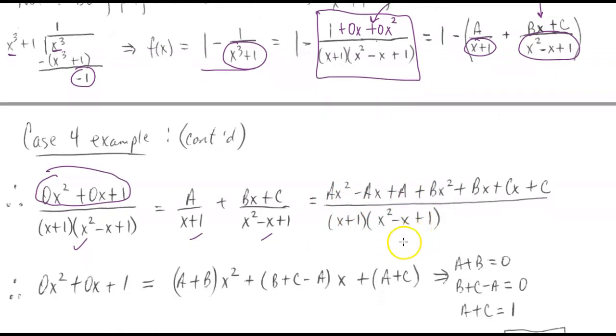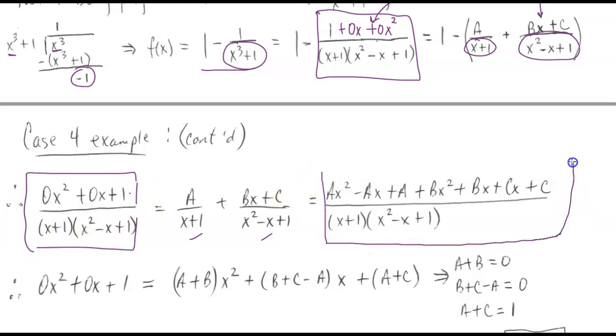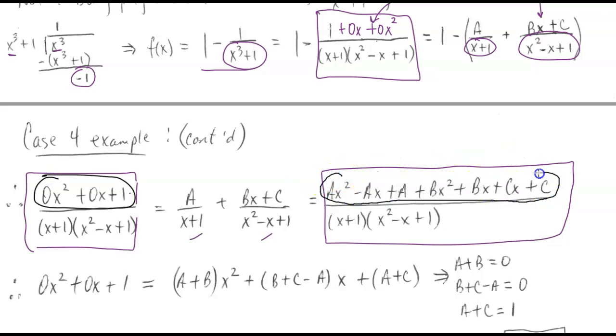So from there, what I am doing is I'm going to compare what I have here on the left side. So I'll circle it. So I'm comparing what I have here to what I have here. And specifically speaking, what I'm concerned with are the numerators. So whatever I have in this numerator has to equal whatever I have in this numerator here.